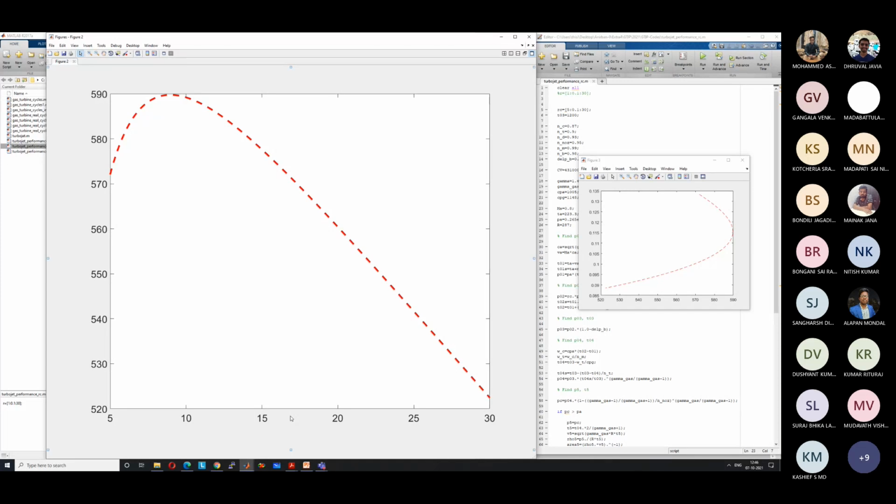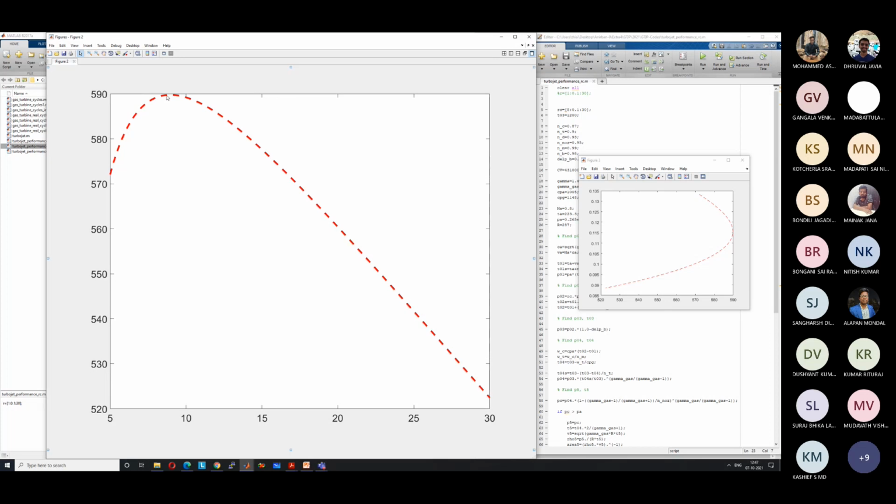Only for the initial part, when the pressure ratio is very small, you also have a significant amount of pressure thrust, because the turbine outlet temperature is quite high. So very little work is required by the turbine initially, and a large amount of expansion can be done in the nozzle. The nozzle gets choked and you have a large amount of pressure thrust. So per unit mass flow rate, you get higher thrust.